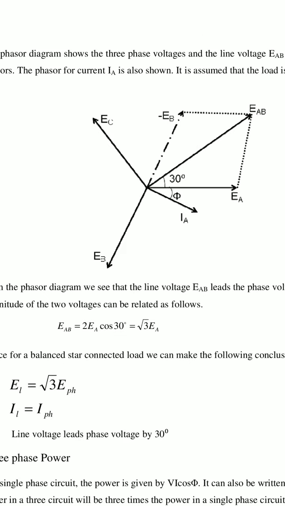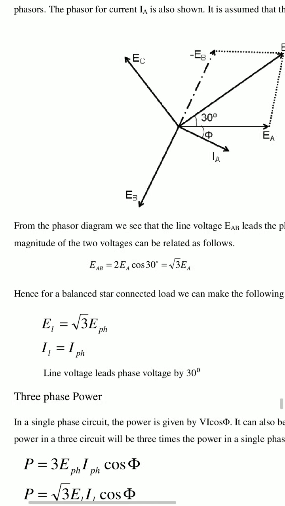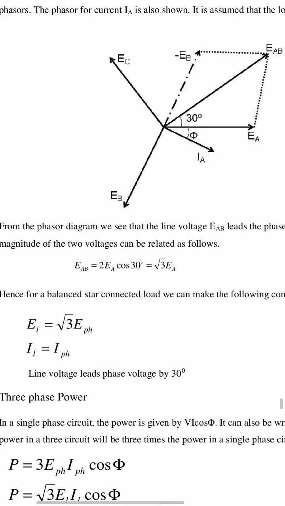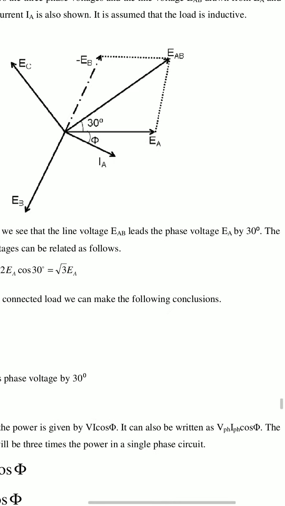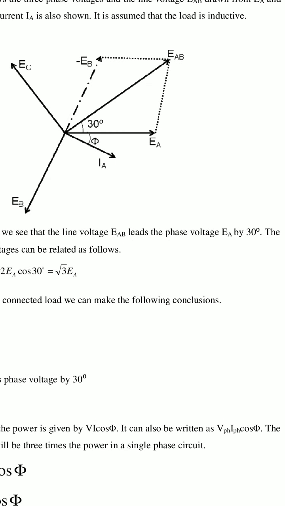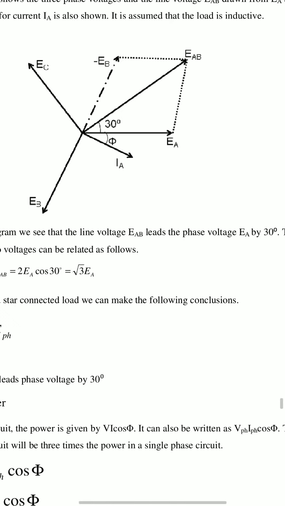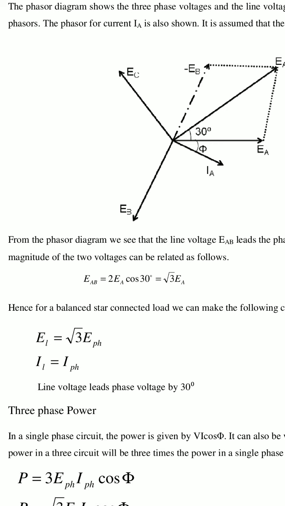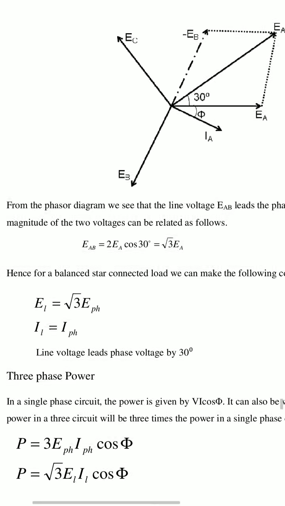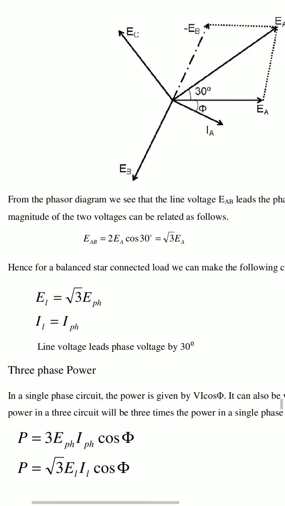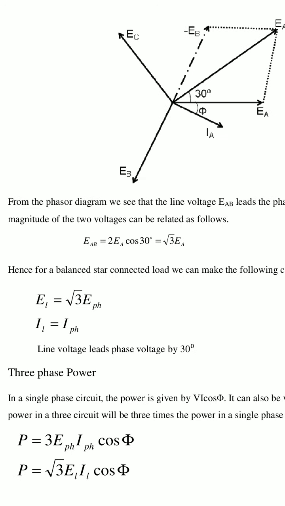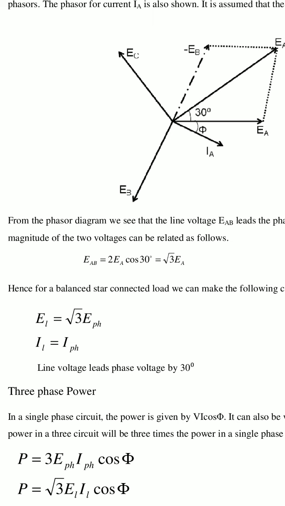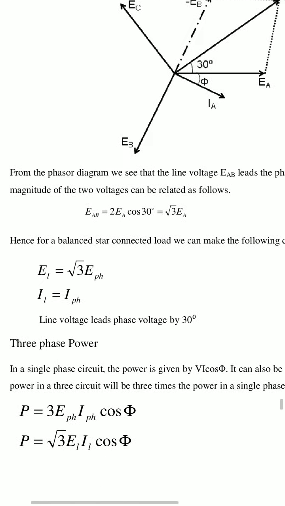So from the phasor diagram we see that the line voltage EAB leads the phase voltage EA by 30 degrees. The magnitudes of the two voltages can be related as follows: EAB is equal to 2 EA cos 30, that is equal to root 3 EA.